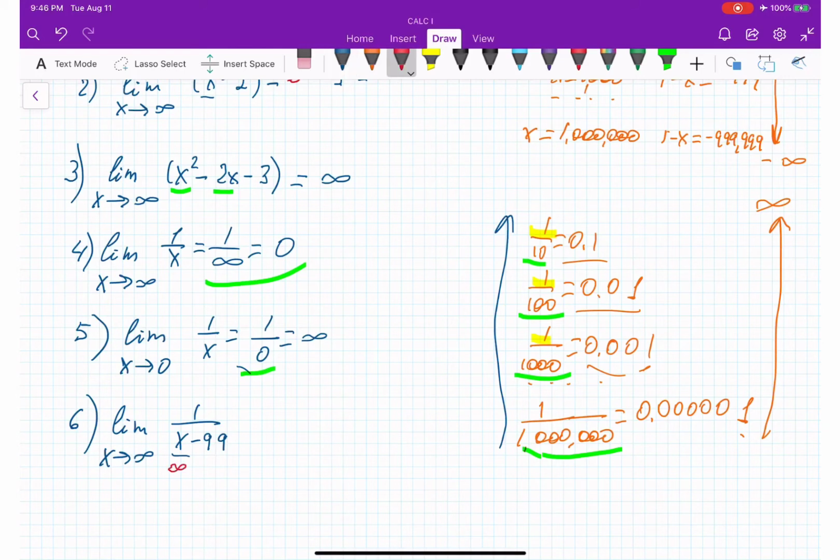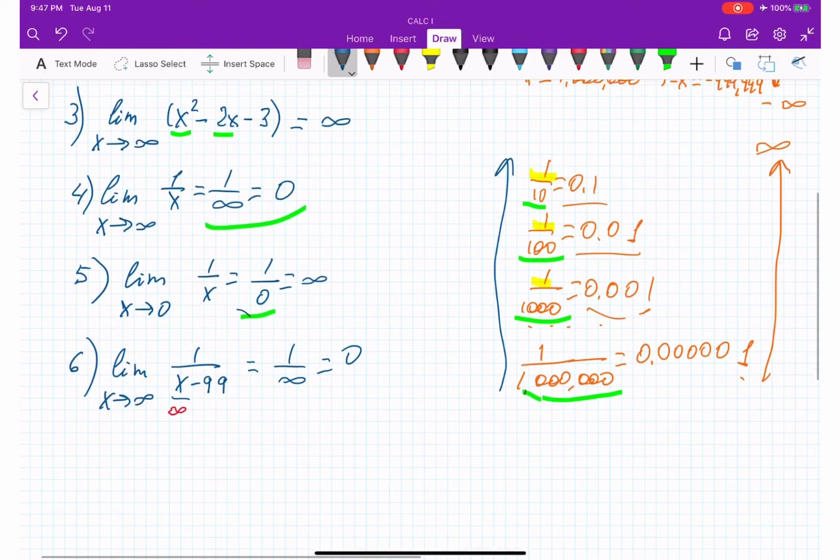Of course not. Infinity is like eternity, space. What is 99? Let's say any planet, it's a drop compared to the entire eternity. Therefore, it's going to be the same thing as 1 over infinity, which is going to be equal 0.